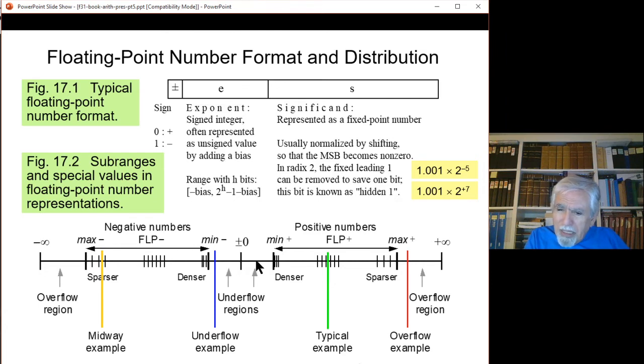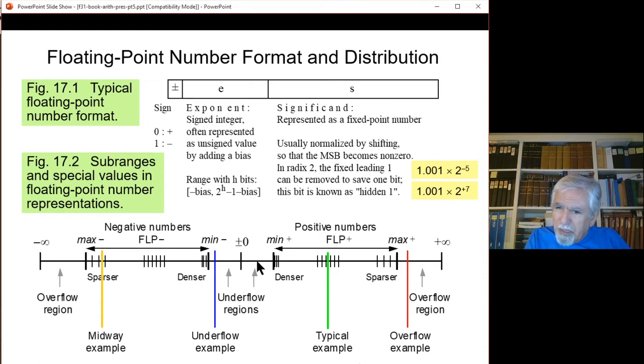When a number is encountered in the course of computation that is between 0 and min plus, or between 0 and min minus, so an actual real number that does not have a representation in this system, we have to have a special treatment.